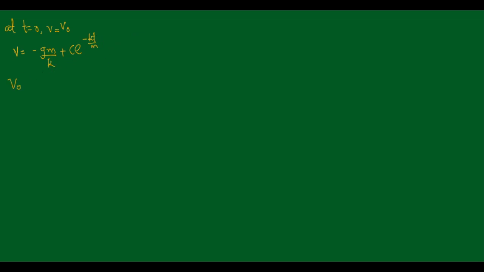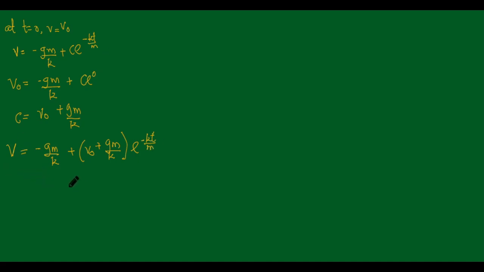We have that v naught will be equal to minus gm divided by k plus c e raised to power 0. So c will be equal to v naught plus gm divided by k. We can now rewrite v as minus gm over k plus v naught plus gm over k multiplied by e raised to power minus kt divided by m.